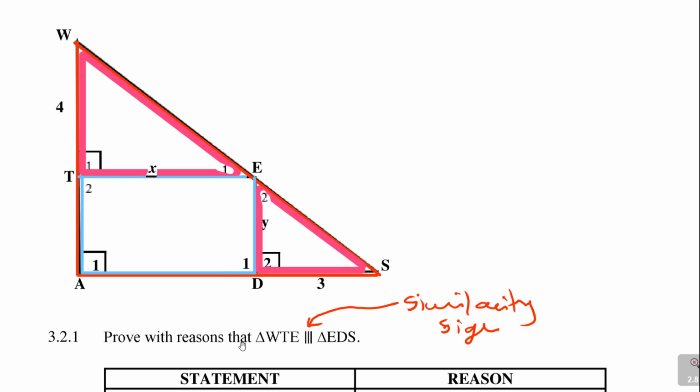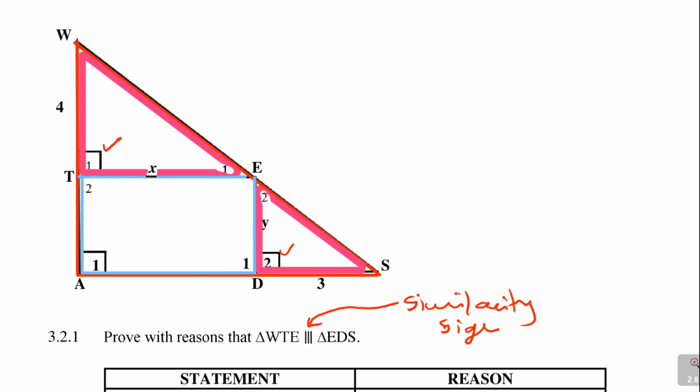So the first one that we can do, how can we approach it? It says prove with reasons that triangle WTE is similar to triangle EDS. Alright, so let's first of all see what information we have. Look at this. The first one that I pick up, there is a right angle, there is a right angle.